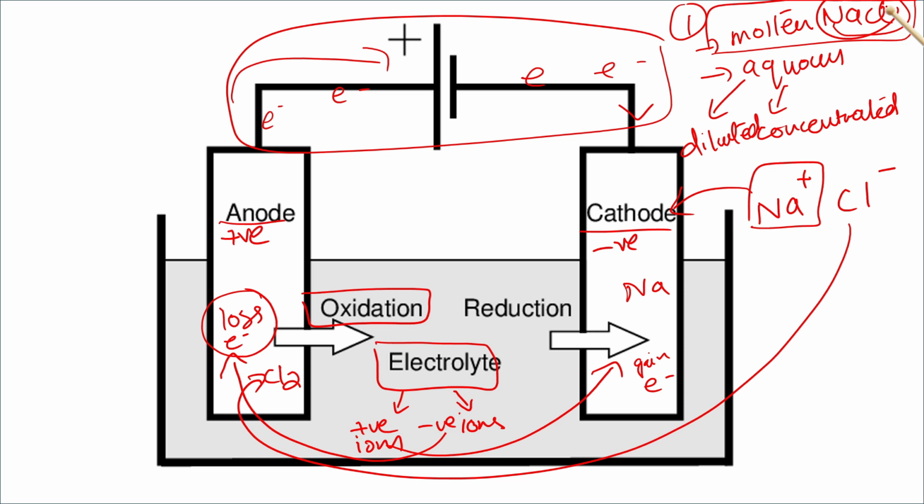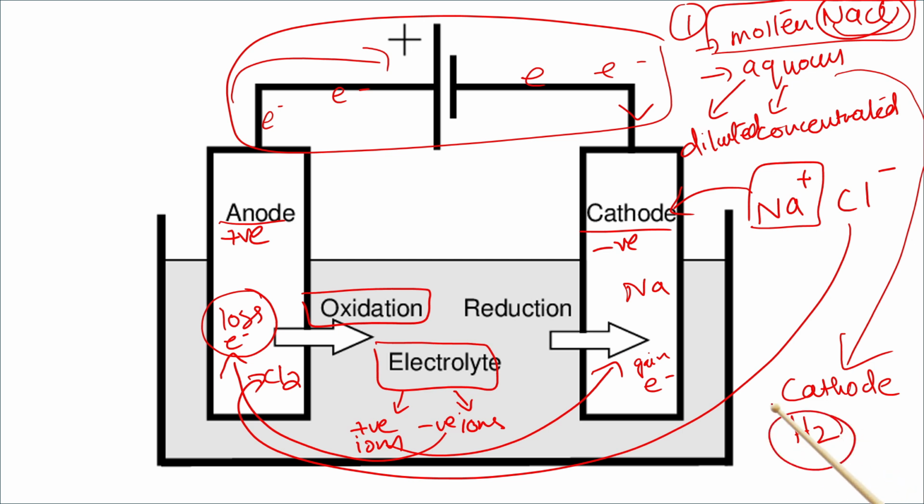Okay, but if you have the aqueous solution of the electrolyte, then your product at the cathode will most of the time be hydrogen. Most of the time, or you can say 99%, it will be hydrogen at the cathode. The metal will not be deposited at the cathode.